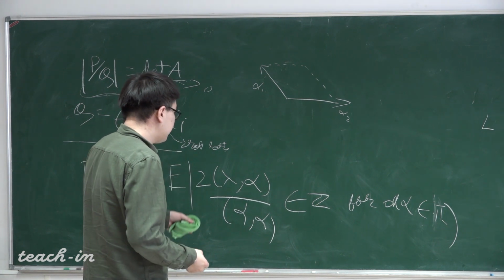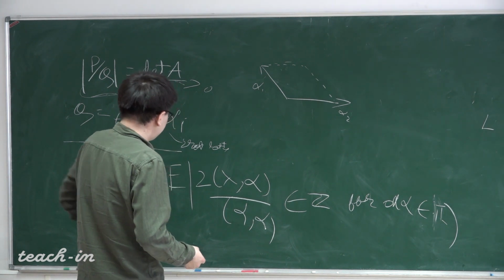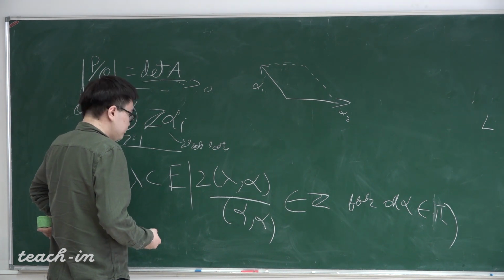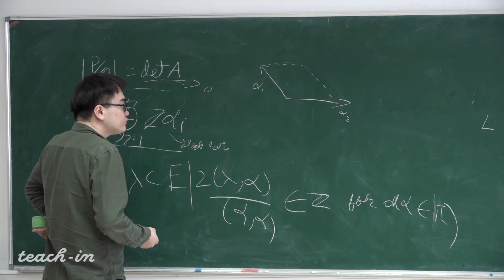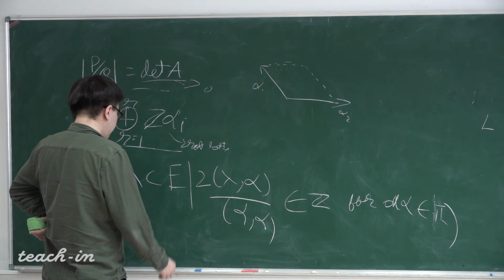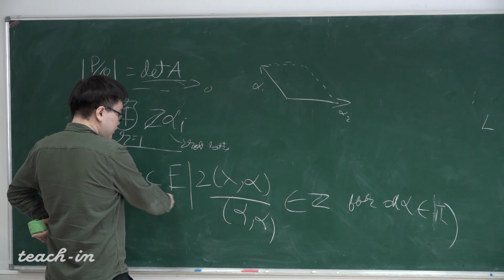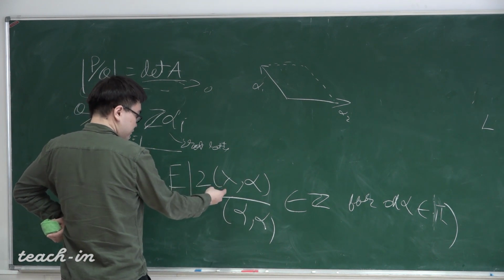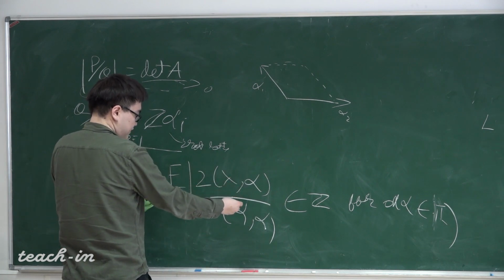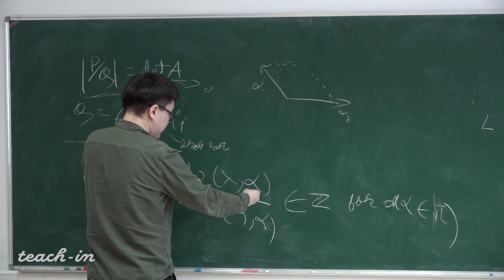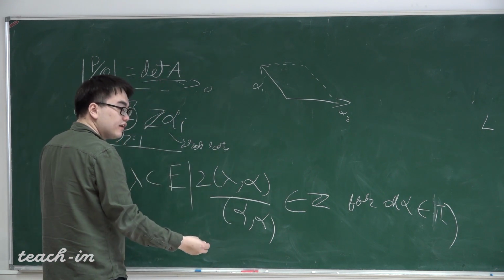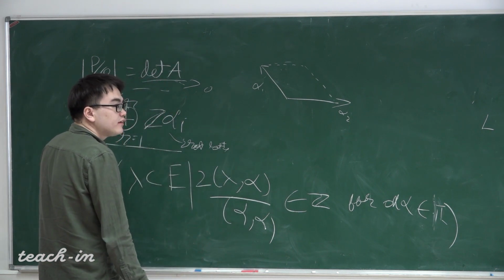Why this is a lattice is because for any two elements, lambda 1 and lambda 2, the sum of lambda 1 and lambda 2 also satisfies this condition.